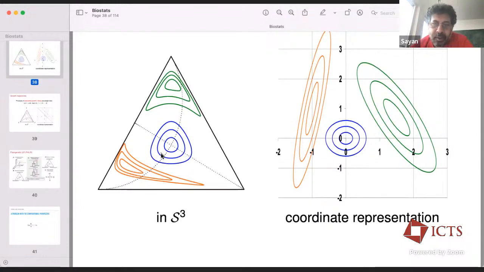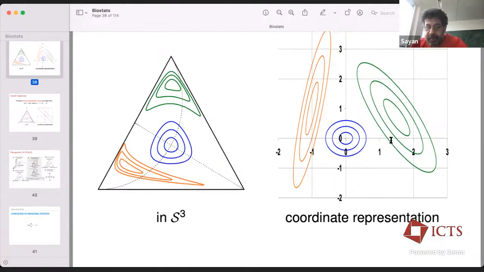But once you transform it, it just becomes Gaussian. If you really believe your data is compositional, then you can use these transforms and get to something which is just multivariate normal, so it's a mixture of Gaussians.